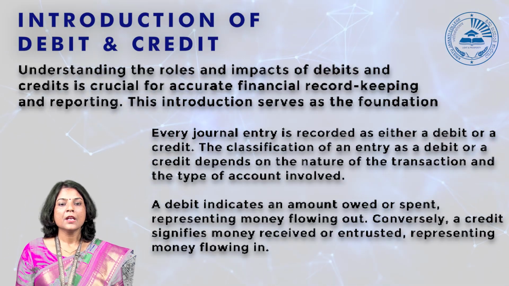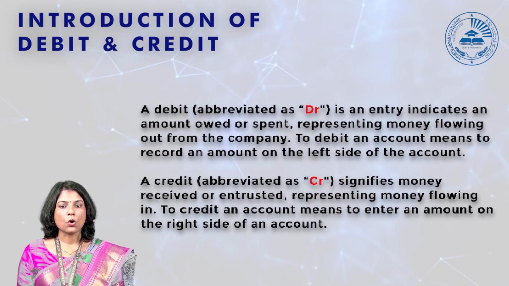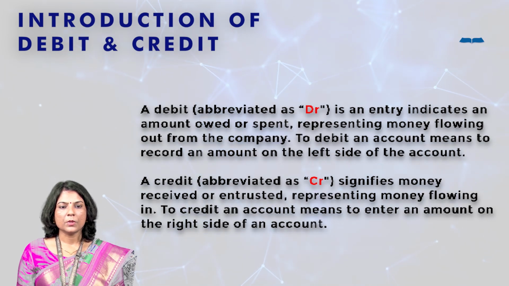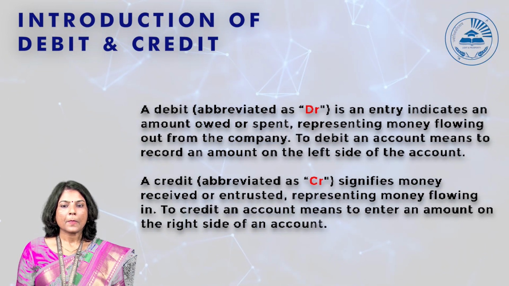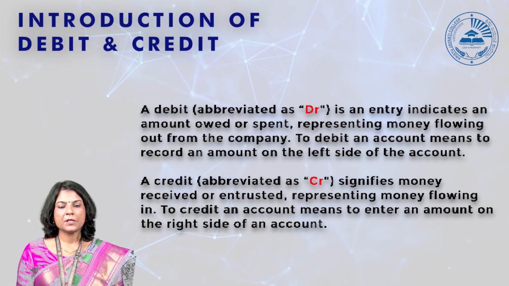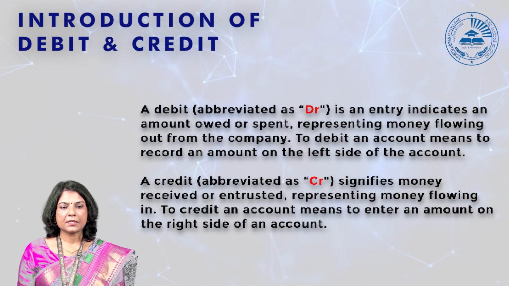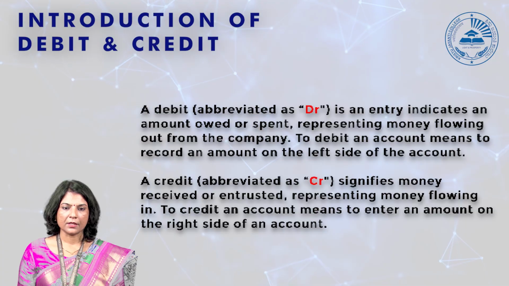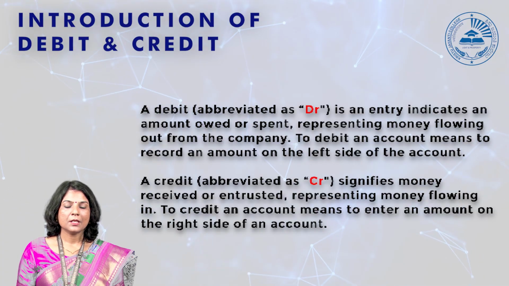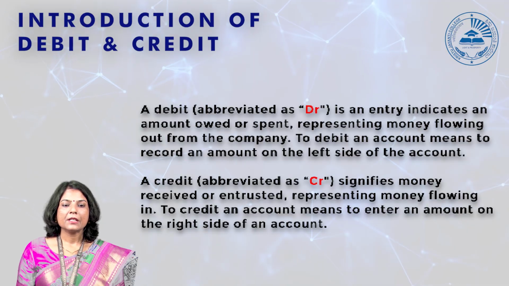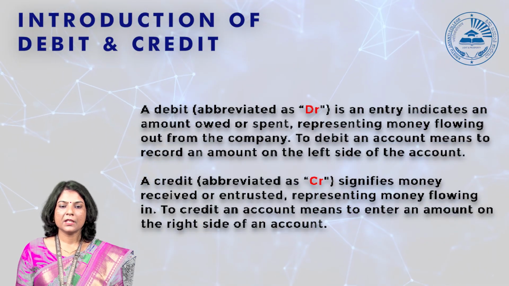Credit indicates money received, representing money flowing into the business. So debit is an amount owed or spent, representing money flowing out from the company, while credit is money received, representing money flowing into the business. Debit is abbreviated as DR, and credit is abbreviated as CR.